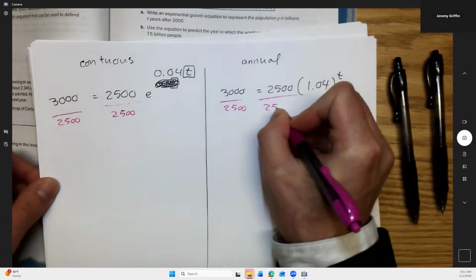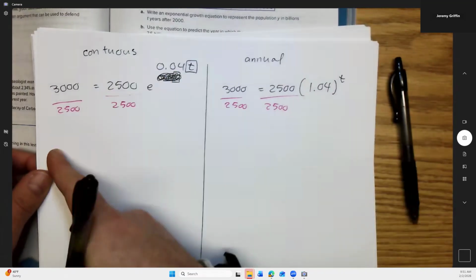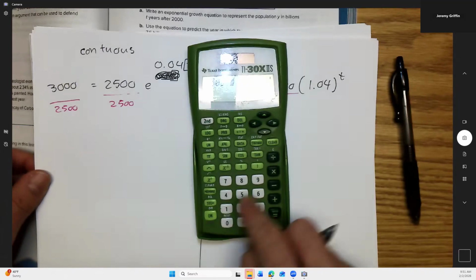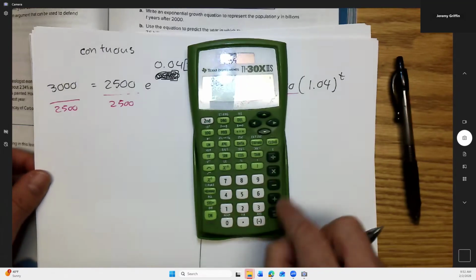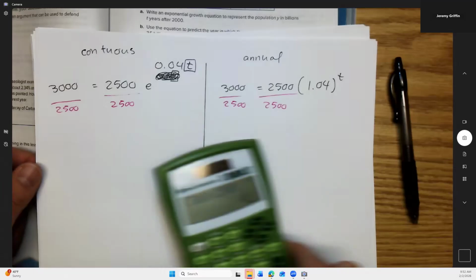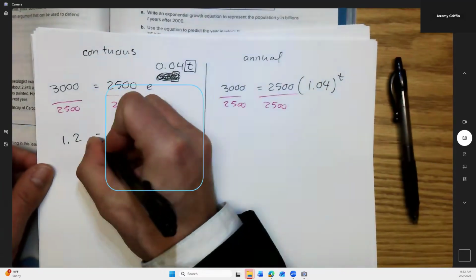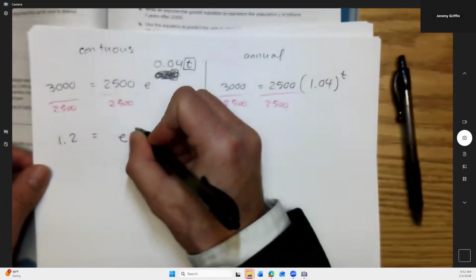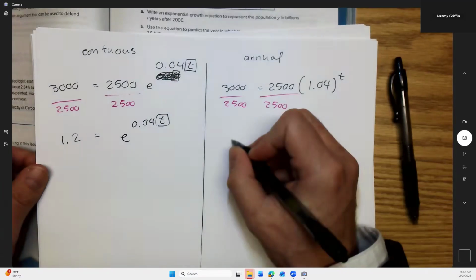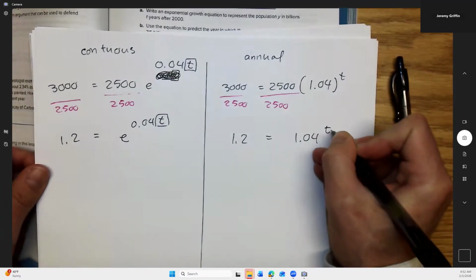Does that reduce to 6/5? 3,000 over 2,500 is 1.2. Another way to say that is the price of the television has increased by 20%. So with the continuous model, it's 1.2 equals e to the 0.04t, and with the annual model, it's 1.2 equals 1.04 to the power t.